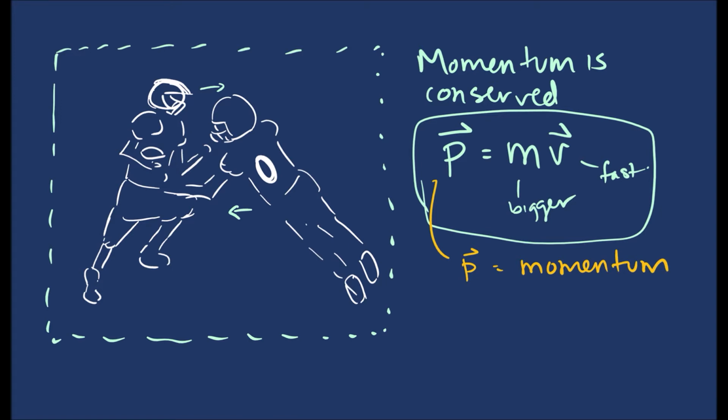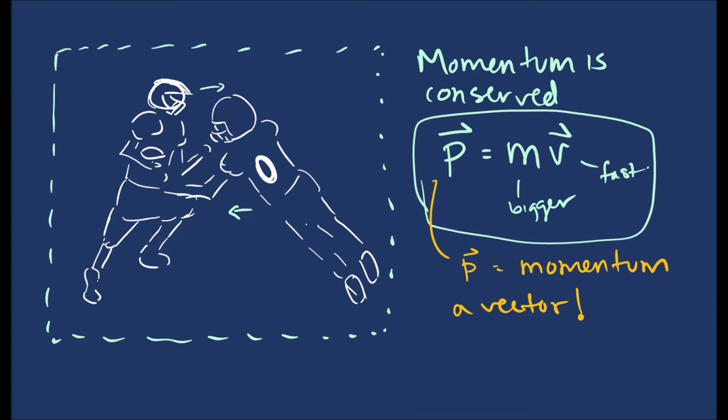It is a vector, and that's important because when we look at adding momentums together, you have to pay attention to what directions they're in. So you have to break things into components, like we did in our kinematics unit. Remember that momentum is a vector, which makes sense because velocity is a vector.